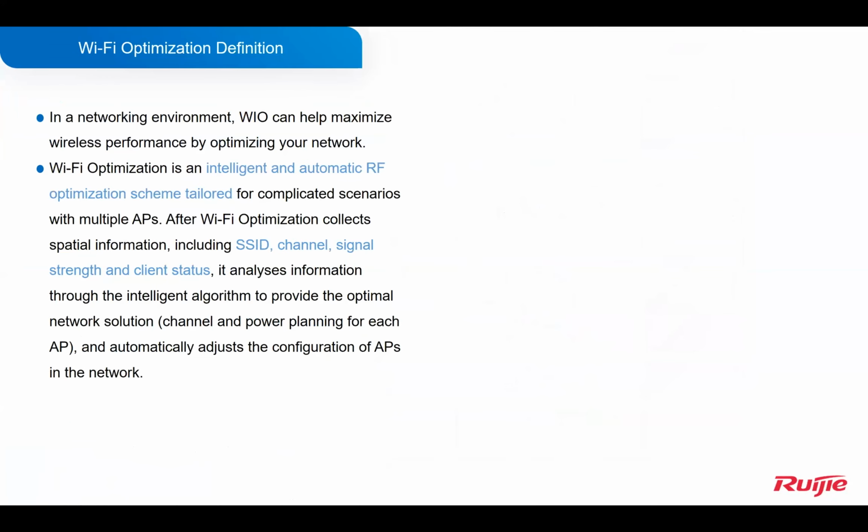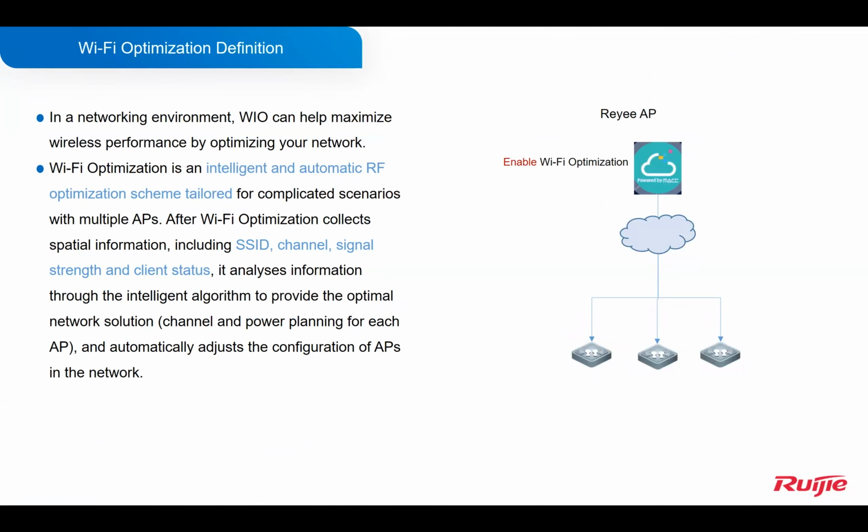After this is the Wi-Fi optimization. For the Wi-Fi optimization, it's also easy to configure. We just enable WIO on our Reyee Cloud. For the process, first we enable this function on Reyee Cloud, and then we synchronize the configuration to our AP.